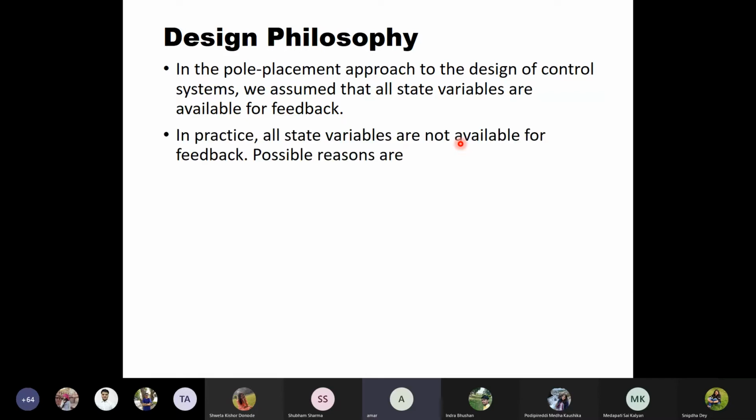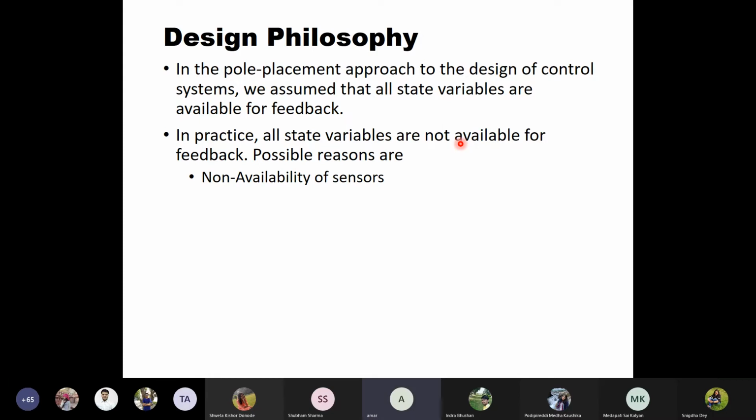But in practice, all state variables are not available for feedback because of non-availability of sensors. Like if you consider a distillation column, the states are basically the composition and temperature in all trays of the distillation column, which is practically infeasible to measure because of economic reasons.